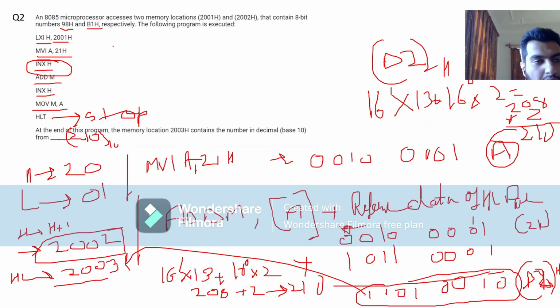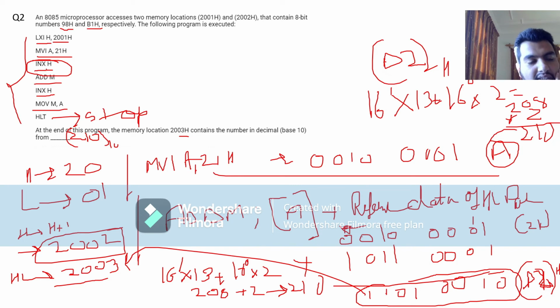And then we have question number 2, which has a bunch of program instructions, and we are required to find the number stored at the memory location. First the HL register gets loaded with 2001. Then A gets loaded with 21 hex, and then we increment the HL pair.